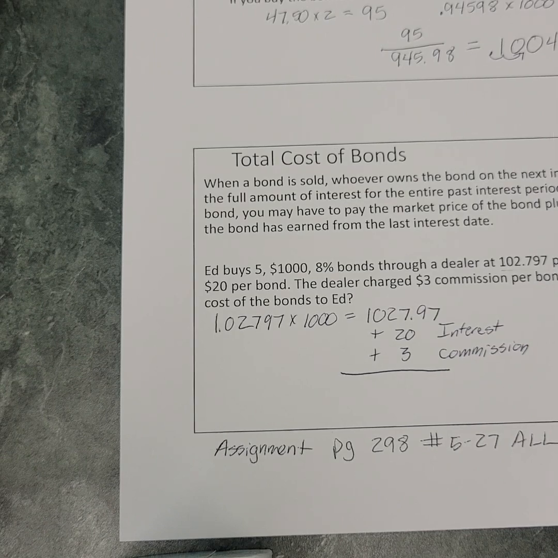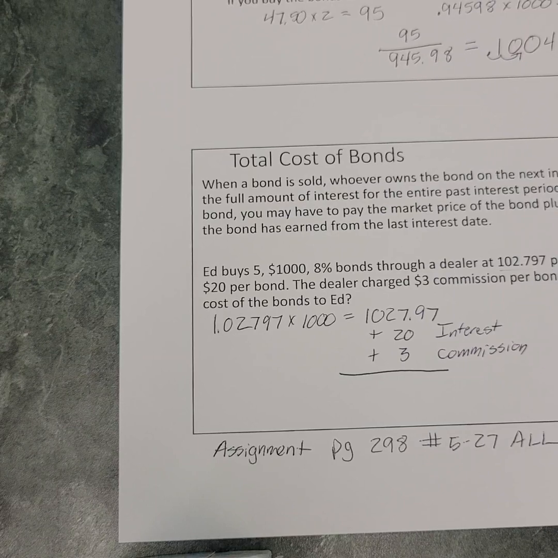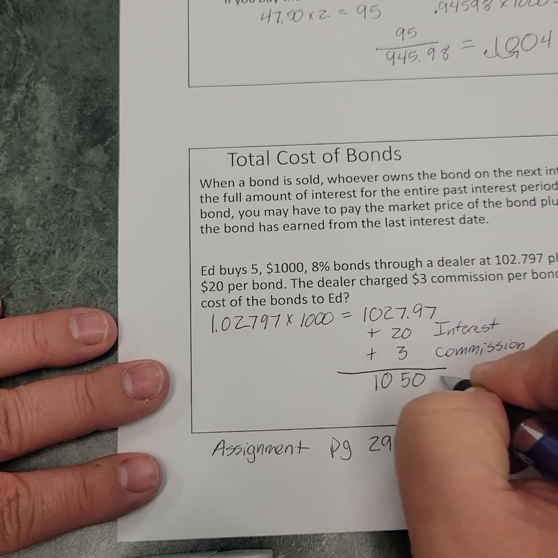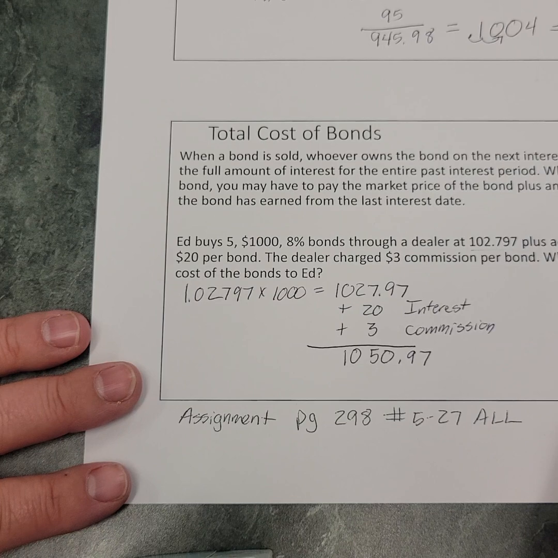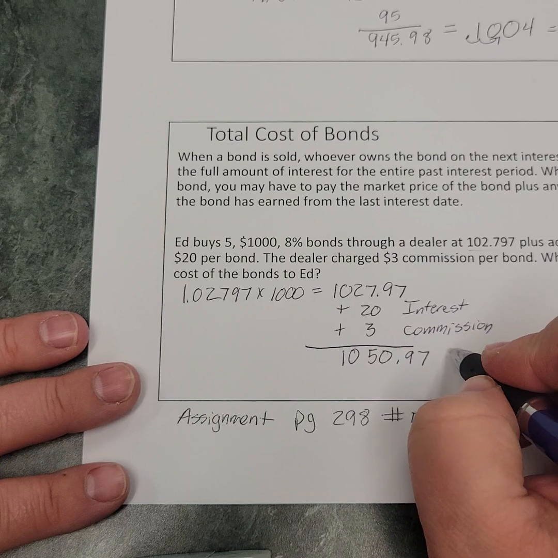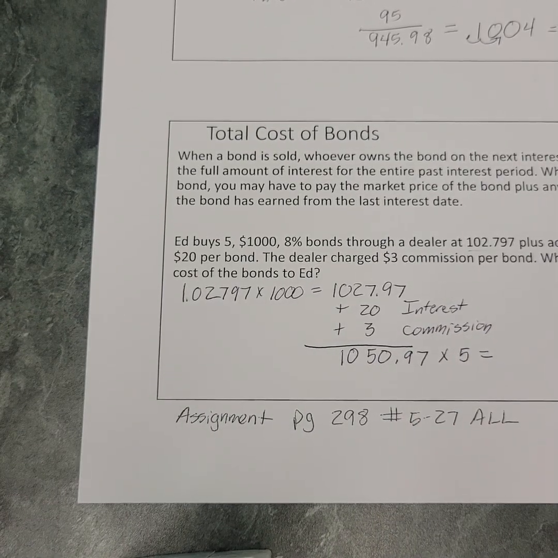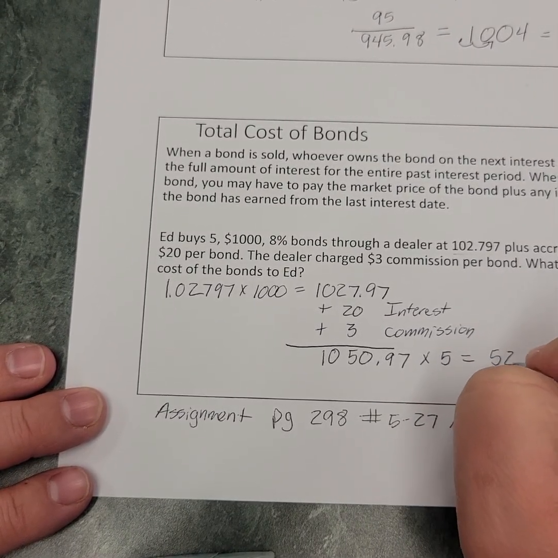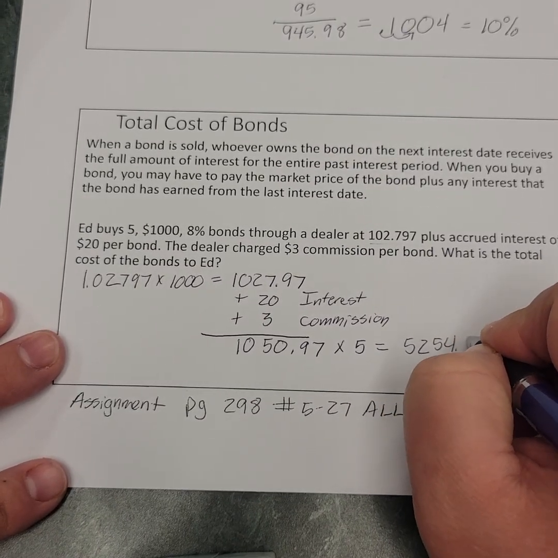So then he will need to pay $1,050.97 per bond. Then we're going to multiply that by 5. So those 5 bonds are going to cost him $5,254.85.